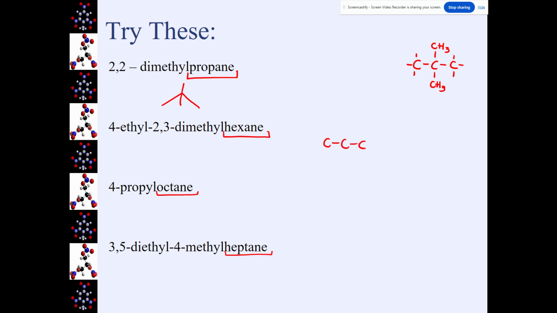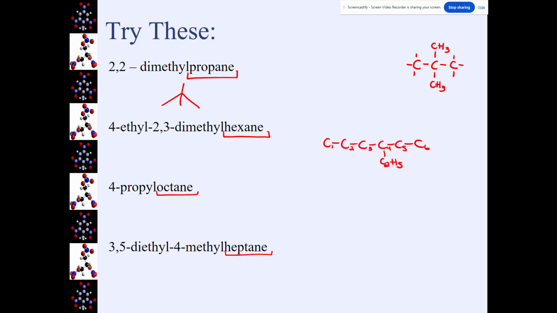1, 2, 3, 4, 5, 6 carbons, and I number it. On carbon 4, there's an ethyl branch. Doesn't matter if you go up or down to draw your ethyl branch. That is C2H5. On carbon 2 and 3, there are methyl branches.